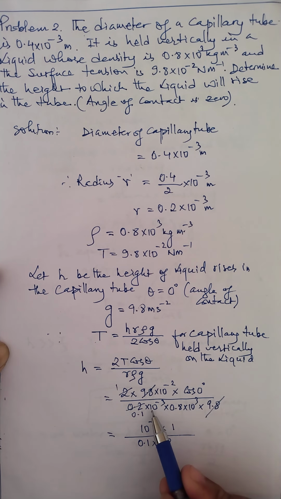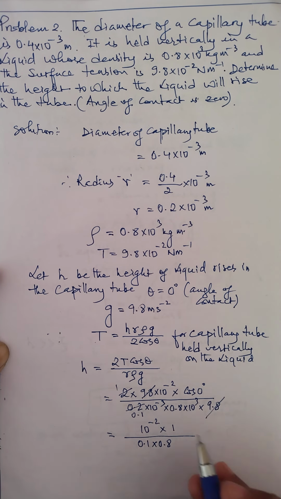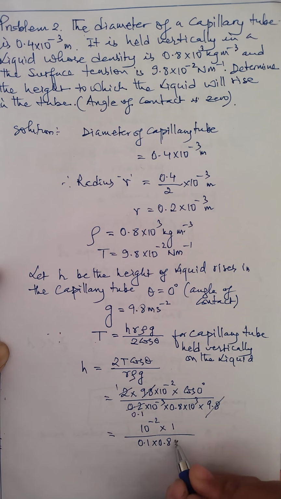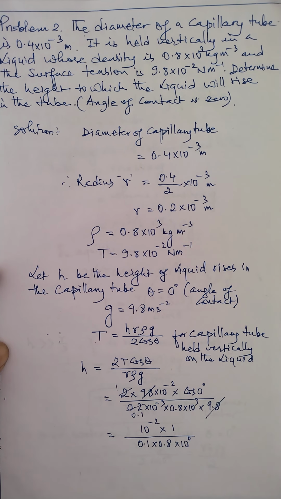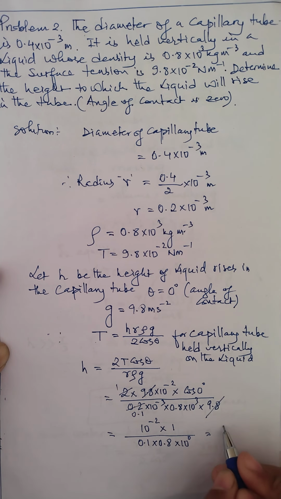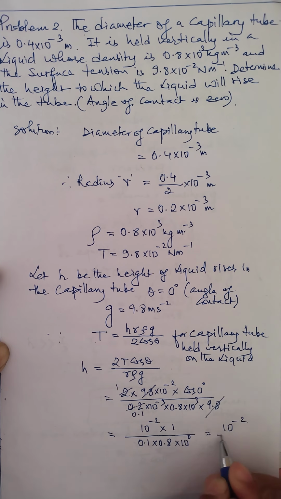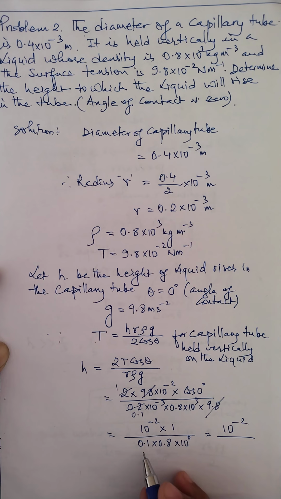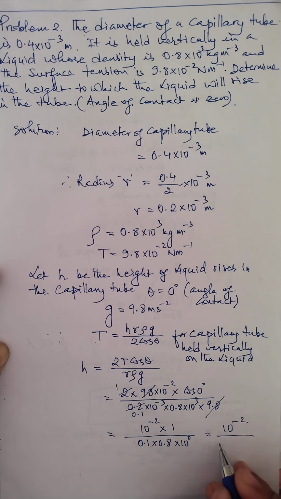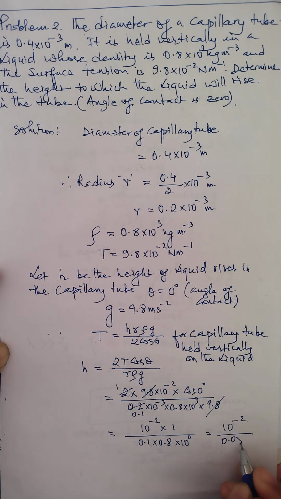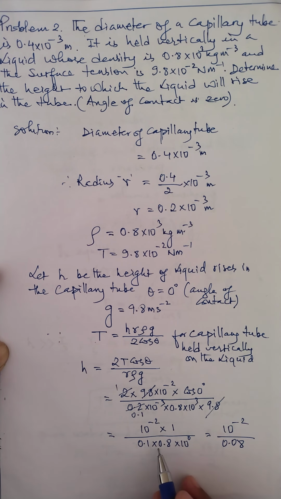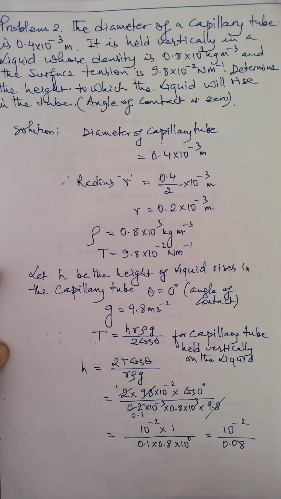Now see, 10 to the power minus 3 and 10 to the power 3 cancel out, minus 3 plus 3 is simply 10 to the power 0, and you know any base with power 0 means 1. So 10 to the minus 2 by 0.1 into 0.8. If you multiply, it is 0.08.